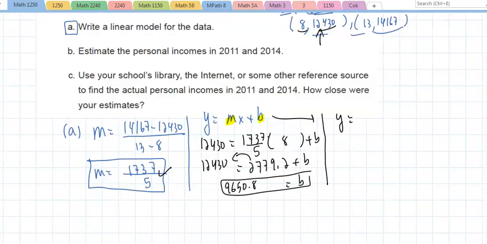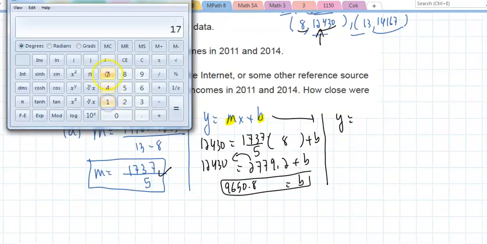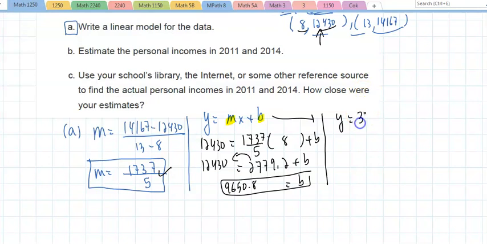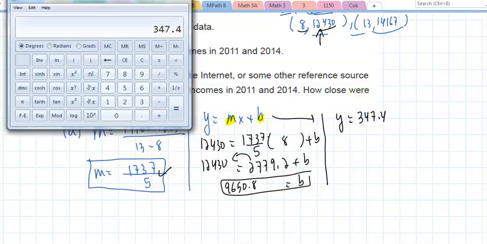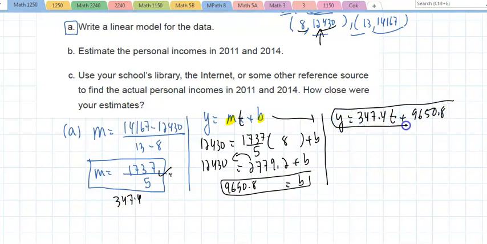Let me get m. If I take 1,737 divided by 5, I'll get 347.4. I didn't mess that up, right? Yeah. So this is 347.4 x or t in this case, right? Because t is taking the place of x, plus b, 9650.8. That's, tell me the year, I'll tell you the income. That's part A.